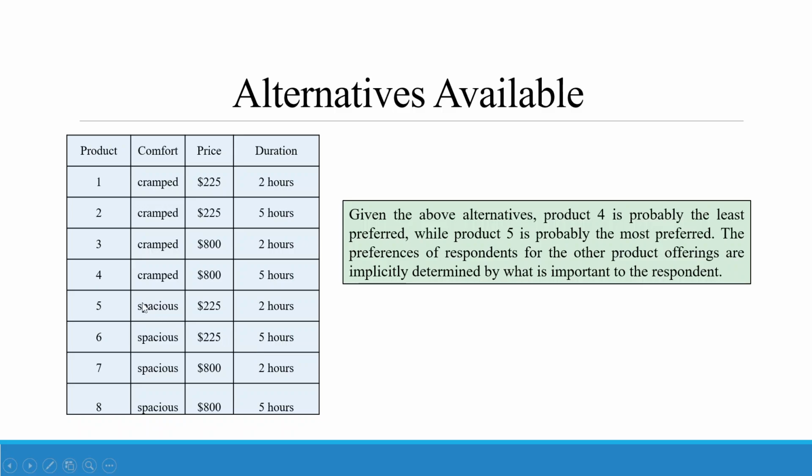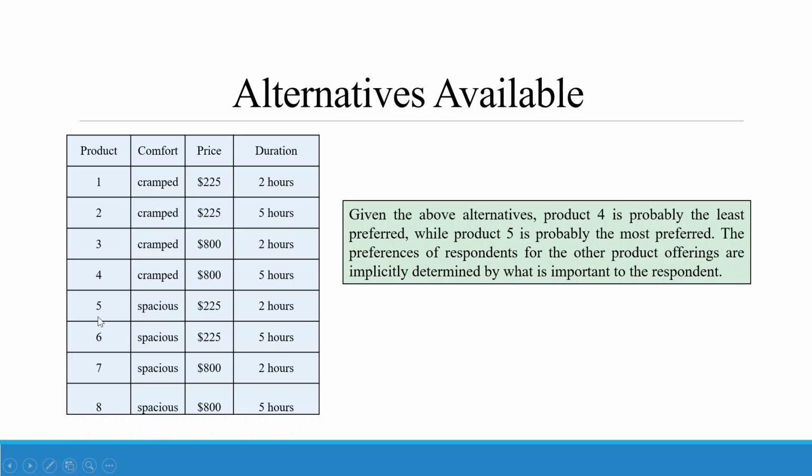Now, just see profile 4 and profile 5. Profile 4 is a cramped seat, price $800, duration 5 hours. So this is the least preferred profile by the customer.